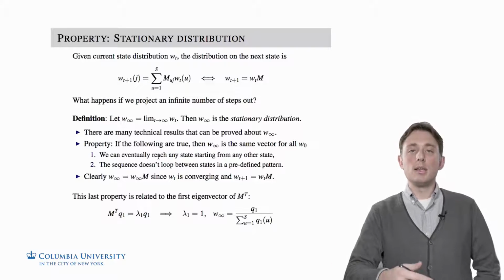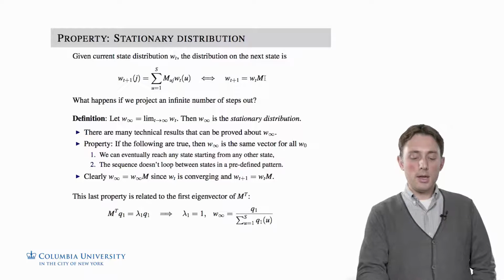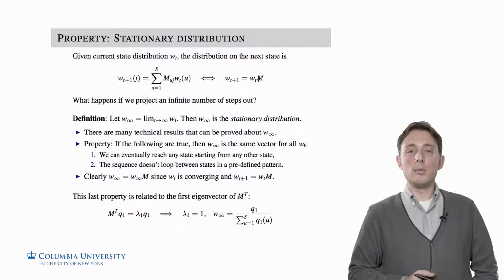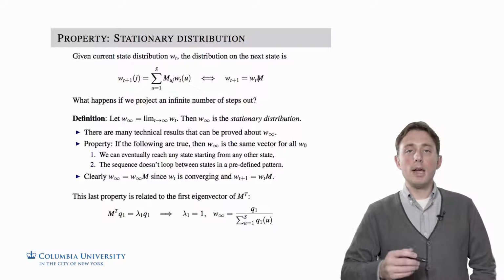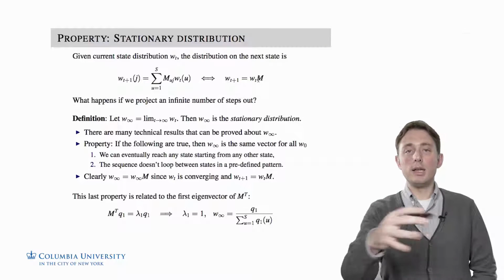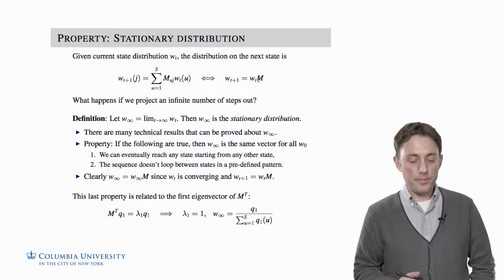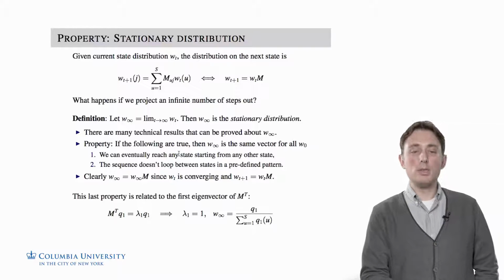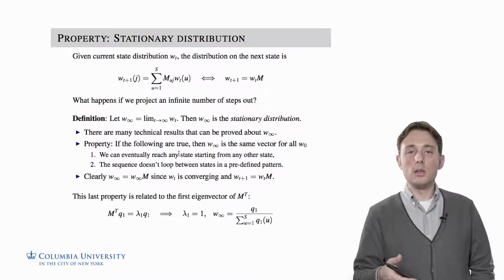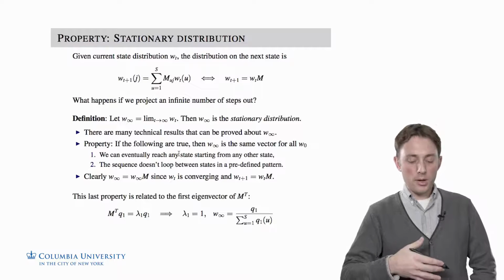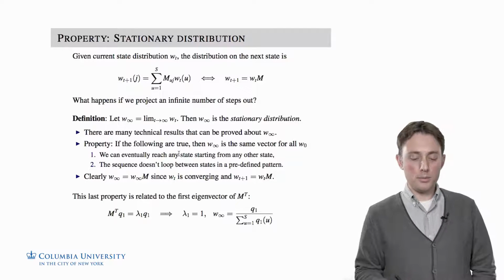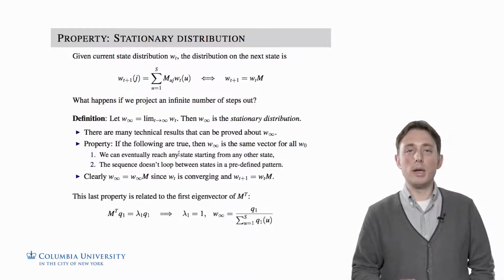So that says that if I start in a particular state and then I transition according to the Markov transition matrix M, at some point I can eventually reach any other state, no matter where I start. Also, the sequence can't have any sort of hidden loops where we're converging between states in some deterministic way.